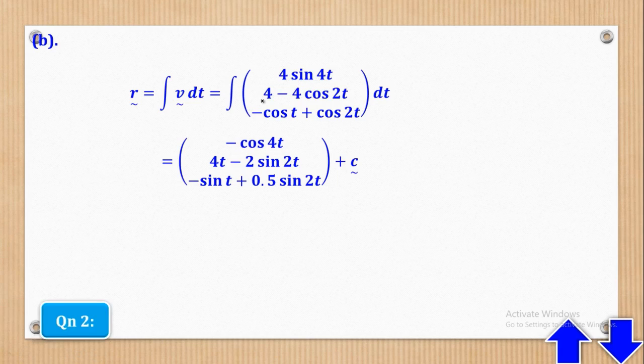Then when I integrate 4 minus 4 cos 2t, I'll come up with 4t minus 2 sin 2t. And when I integrate negative cos t plus cos 2t, I'll come up with negative sin t plus 0.5 sin 2t plus the constant of integration.